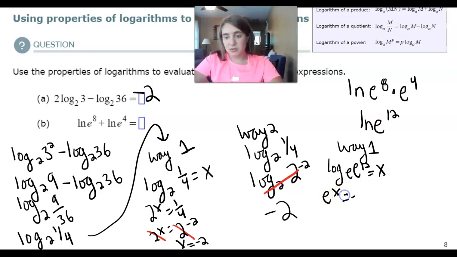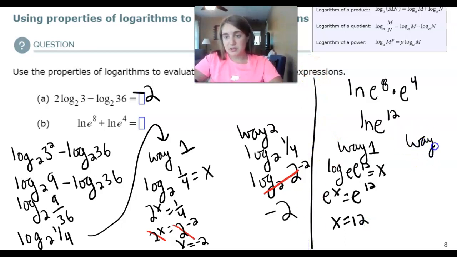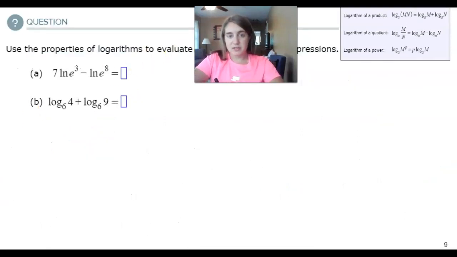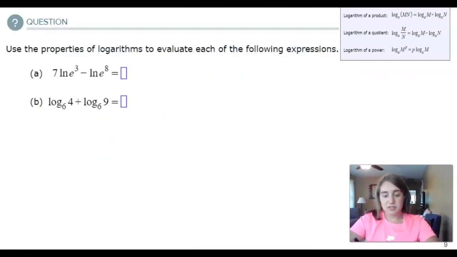So e to what equals e to the 12th. I know that x has to equal 12. Or I can think of this way 2, log base e of e to the 12th. I know that when they're the same, they cancel out. So that just becomes a 12. Go ahead and practice these two on your own. So pause the screen, try these two, and then I will go through them with you guys as well.